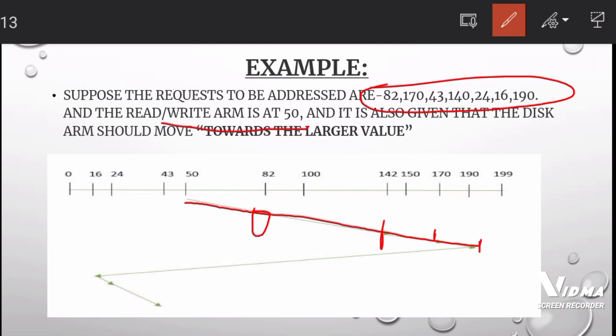But in LOOK, when it comes back, it fills the requests of others. But in this CLOOK, it will go from here directly to the lowest request, meaning 16, and from 16 it will again go back to fill the request of 24 and then 43.